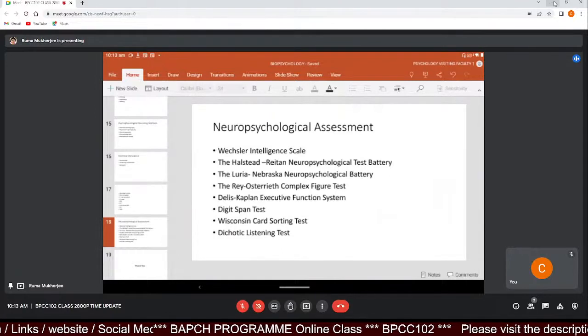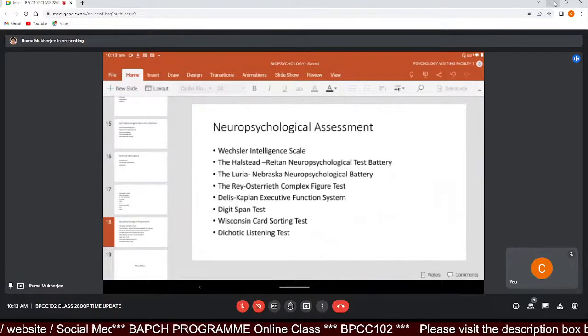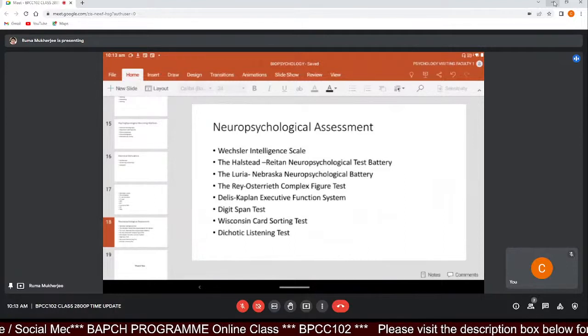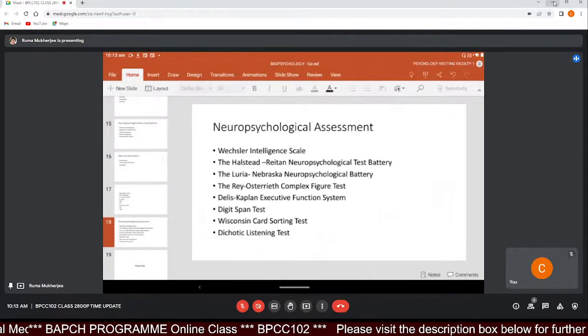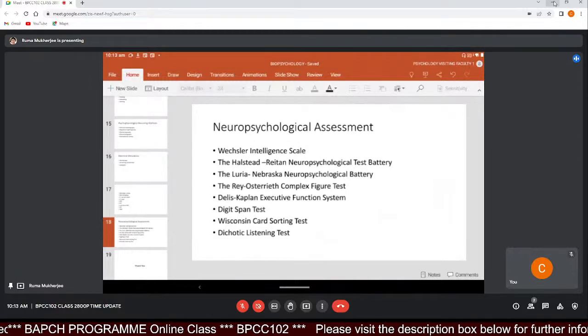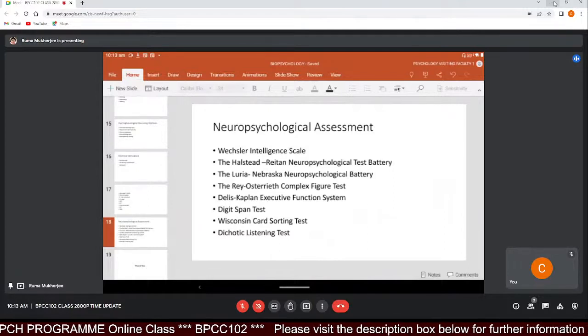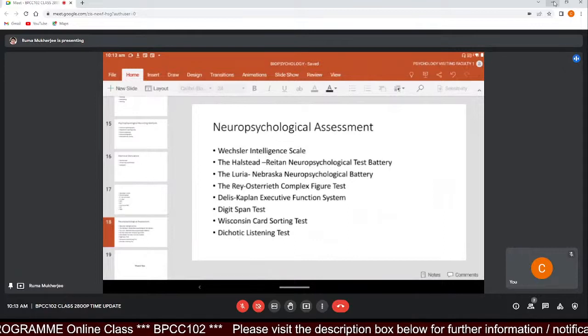Then, what are the structures of a neuron, starting from the soma or cell body, axon, terminal buttons, plasma membrane. The cell body consists of the Golgi body, the Nissl bodies, the mitochondria, rough endoplasmic reticulum, etc., and the dendrites.